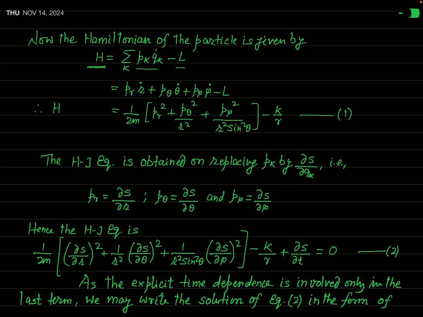So instead of the summation over K of Pk Qk dot, you have to write PR times R dot plus P theta times theta dot plus P phi times phi dot. Here R, theta and phi are generalized coordinates, and R dot, theta dot, phi dot are generalized velocities, and minus L.